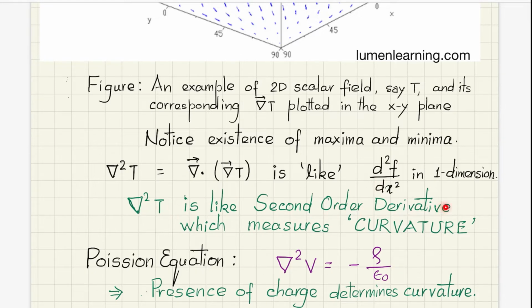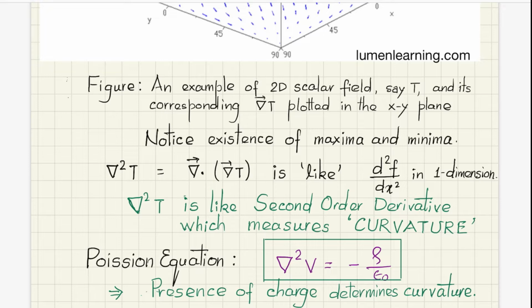And what is a second order derivative physically? It measures curvature. The first derivative is slope and the second derivative is curvature. And in the Poisson equation, it is then a statement about curvature, that the curvature is determined by the presence of a charge distribution or charges.